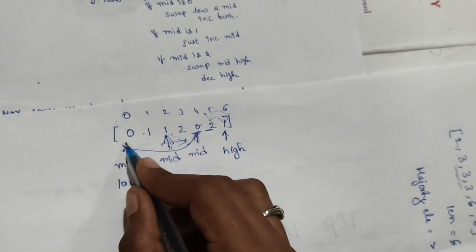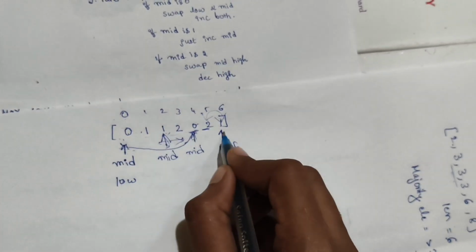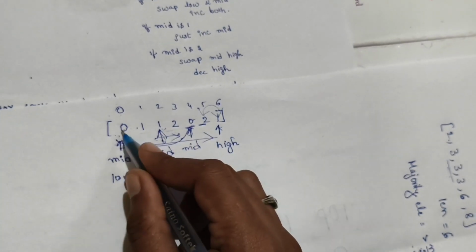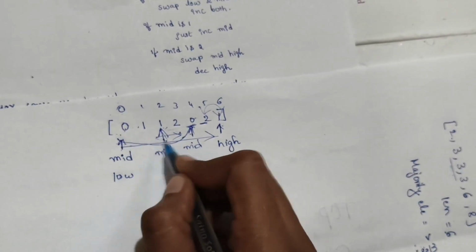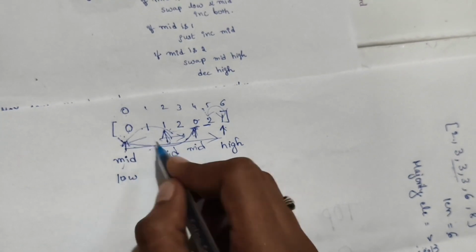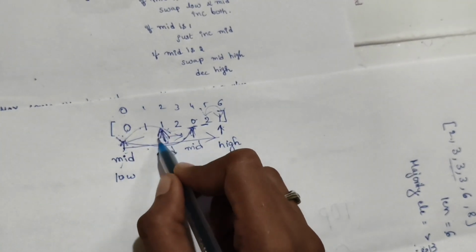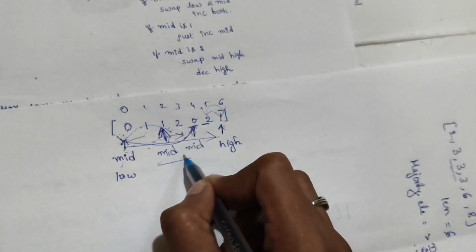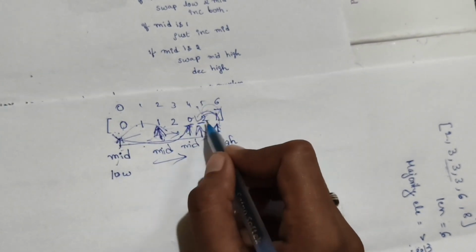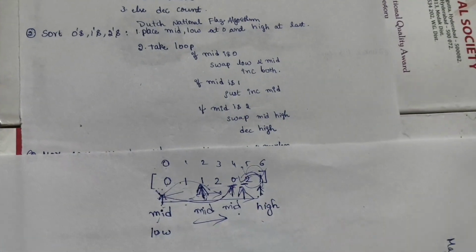That is, we will place low at the first index and mid at the first index and high at the last index, and mid will traverse throughout the array. If the element is 0, low and mid will be swapped. If 1 is present, we will just increment the mid. If 2 is present, we will swap mid with high. This is the Dutch national flag algorithm.